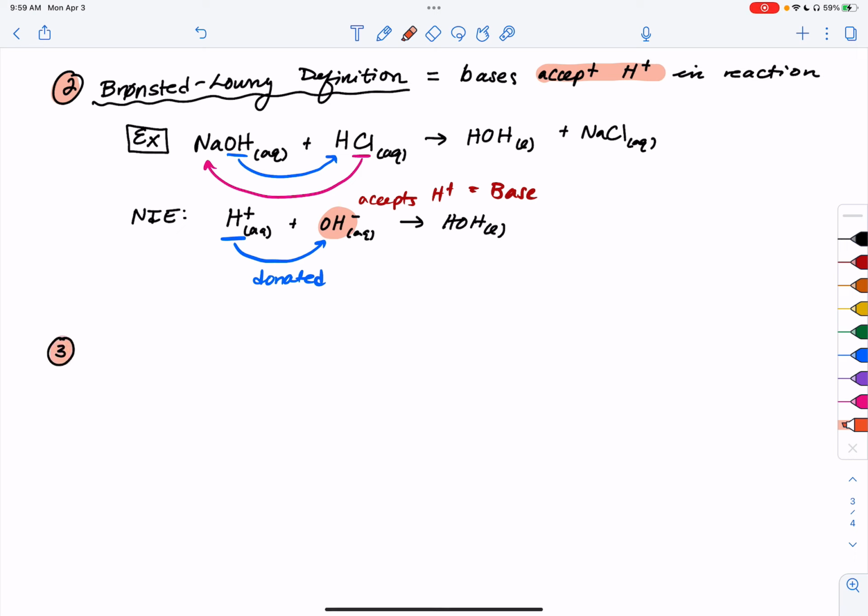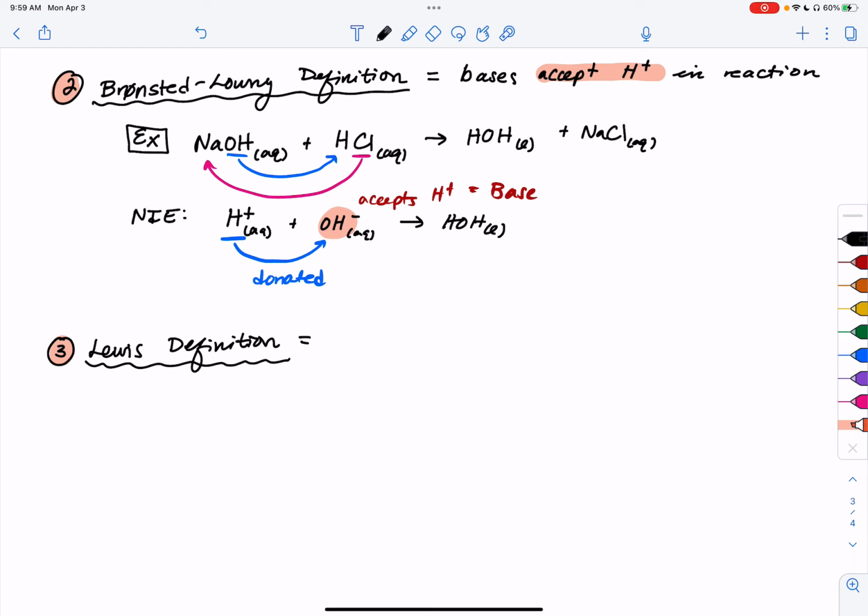And if we're looking at this from a Lewis perspective, which is not looking at our acidic proton, but rather what our electrons are doing, then we see a similar kind of inverted definition compared to an acid, where remember a Lewis acid is an electron pair acceptor.